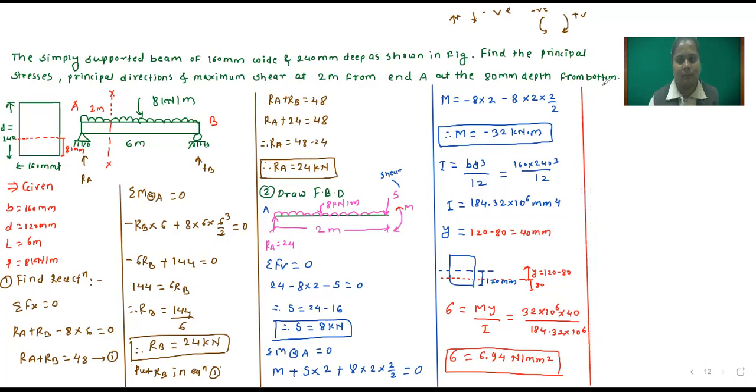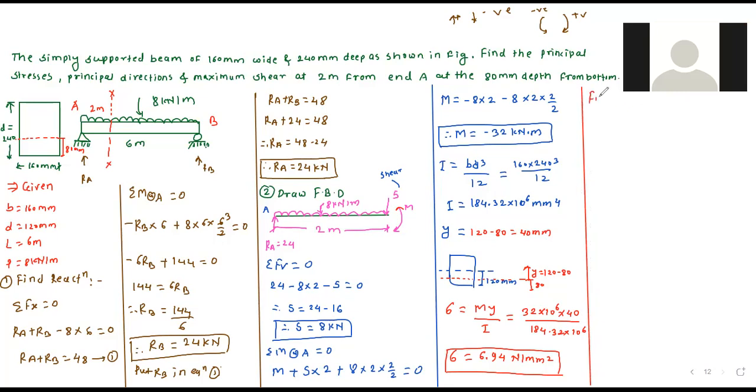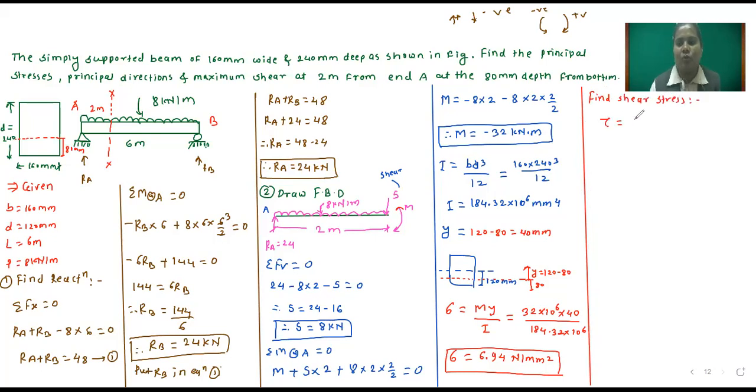Yes, tau is equal to S A y bar divided by I b. The shear force is already calculated, the moment of inertia is also calculated, and the width you already know. So what is remaining? Only A y bar.